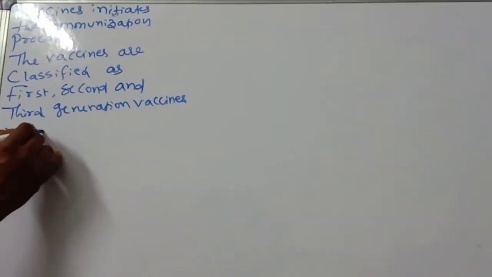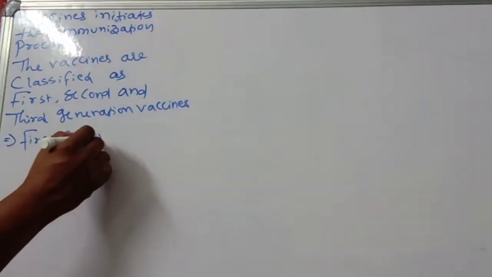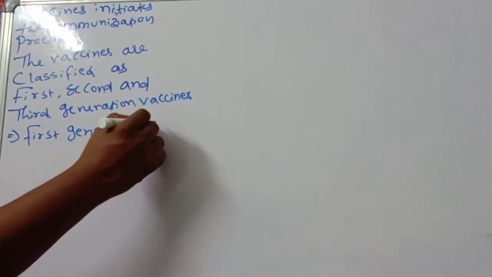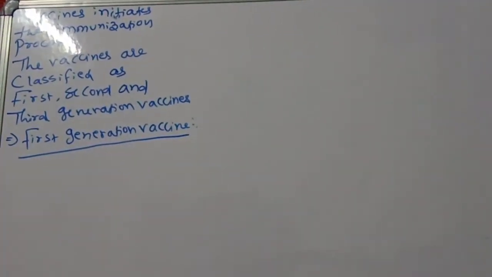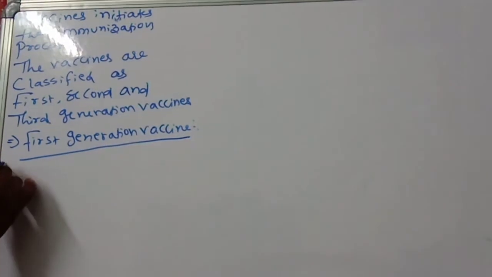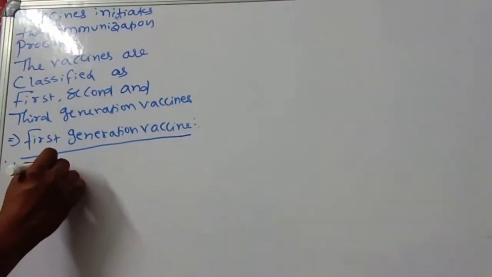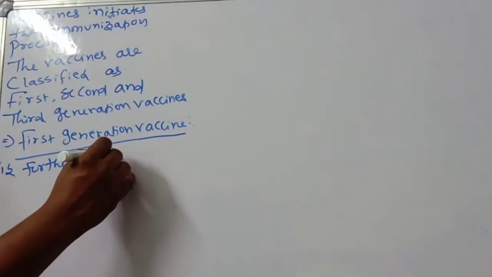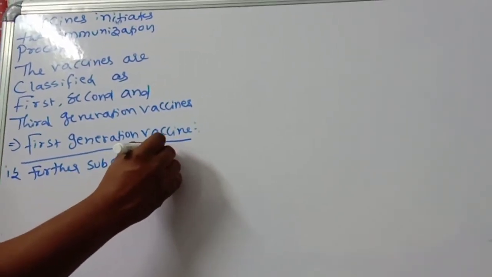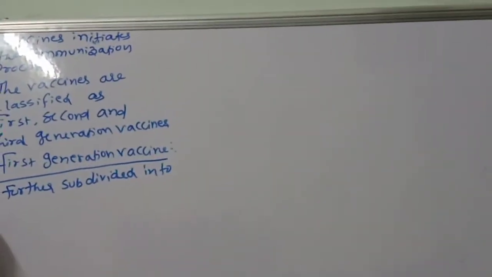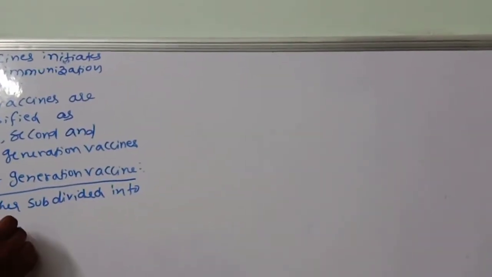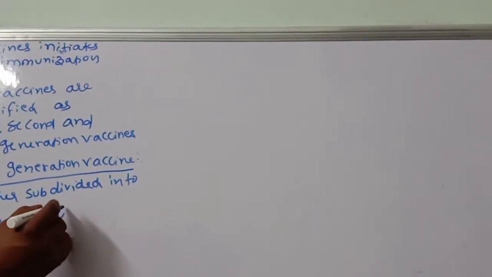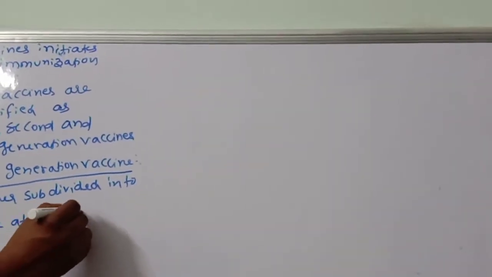Okay, children. First generation vaccine we are discussing. What is first generation vaccine? The first generation vaccine is further subdivided into number one, live attenuated, living only but inactivated, attenuated by using chemicals.